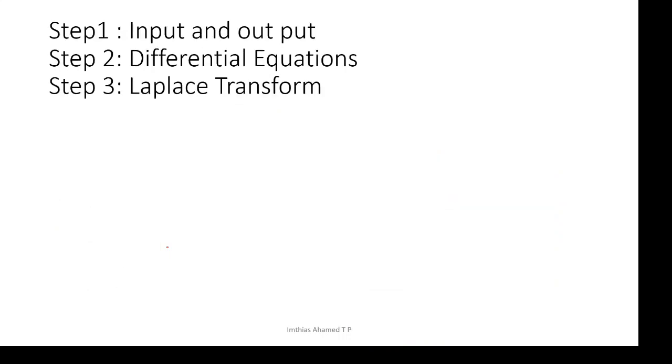So recall, first step is input and output. We know input is f(t), output is x2(t). Second step is differential equations. And third step is Laplace transform. We'll do these three steps in this slide. So this is the diagram which I have shown earlier. F(t) is applied to mass m2.